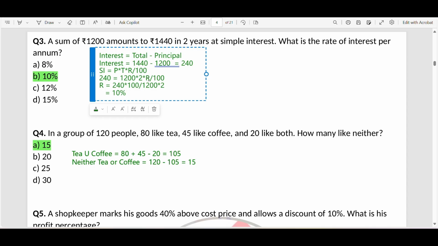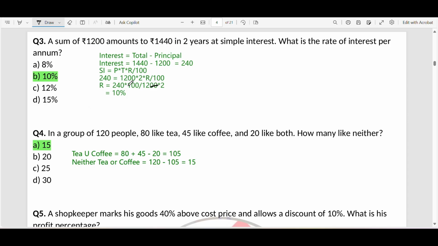Making R the subject, this 100 will go to this side, which becomes 240 into 100, and this 1200 into 2 will come to the downside of 240. By calculating this, cancelling these two hundreds, and 12 into 2 will become 24.